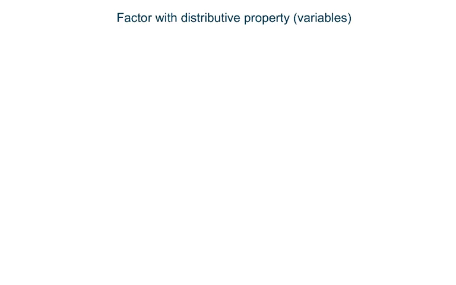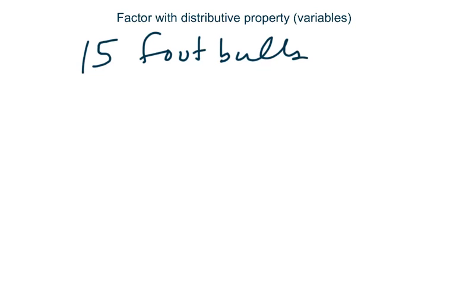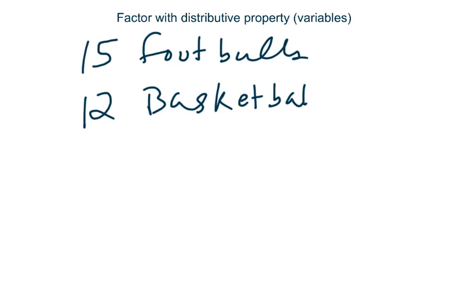So, for example, if you have 15 footballs and 12 basketballs, what's the most amount of each type of ball you can put into a group evenly?